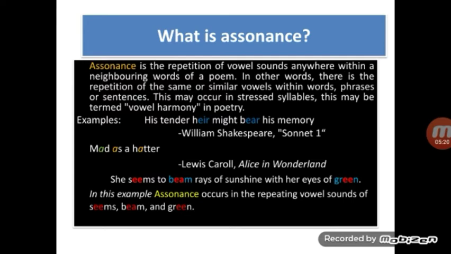"His tender heir might bear his memory." This is from William Shakespeare's Sonnet 1. As a diphthong, 'air' in heir and bear: the 'air' diphthong is repeated twice in heir and bear.